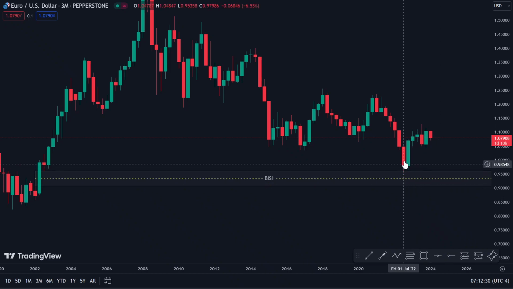Look at how it hit it, dug slightly into it and repriced away almost immediately. That is very powerful, meaning the algorithm treated this point as an imbalance, and thus it needed to be filled.